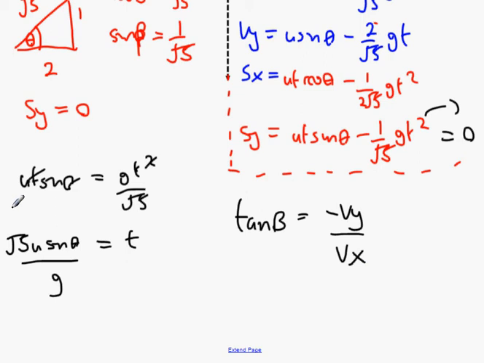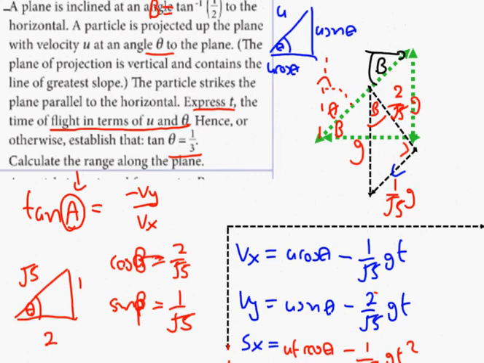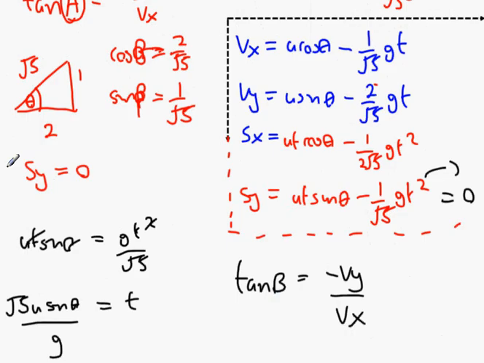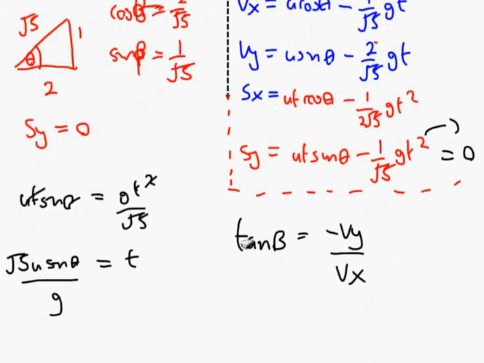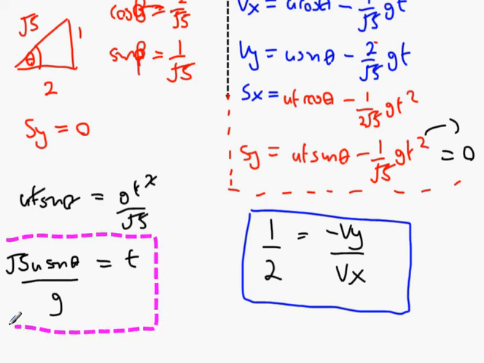And what do we know tan B is again, guys? Tan B is 1 over 2. So this is the equation where we're going to find a lot more information. Now, step 1, find out what phi y and phi x are using the time of flight located here.